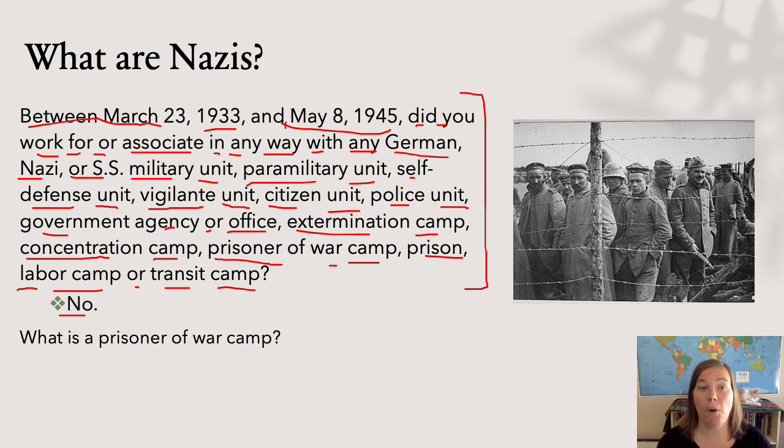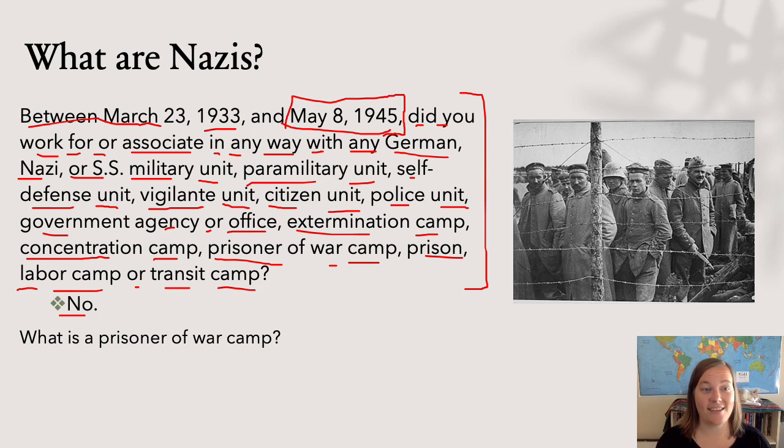Again, if you were born after May 8th, 1945, the end of World War II, when the Nazi government lost the war, your answer would be no. Also, if you were born before the end of World War II, but you did not help the Nazi government, your answer would be no.